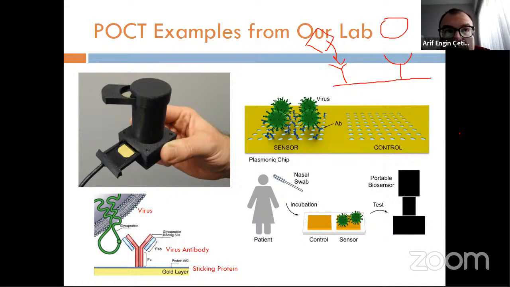Yes, of course, because COVID-19 has a base sequence in its DNA, like 130 bases. You can definitely diagnose using DNA sequencing, but DNA sequencing is so expensive. That's the main problem.